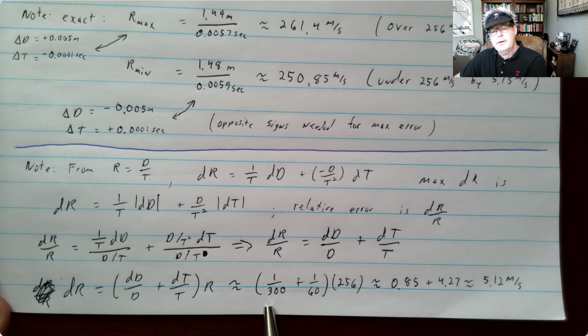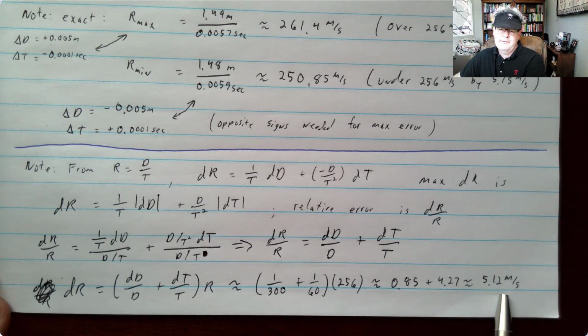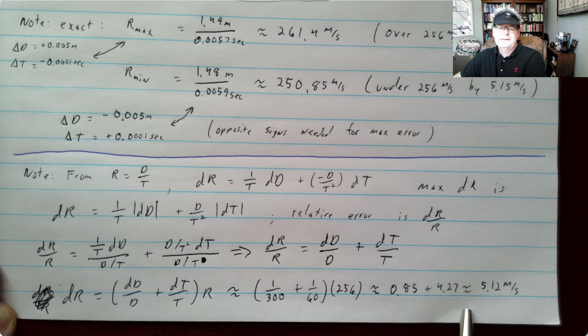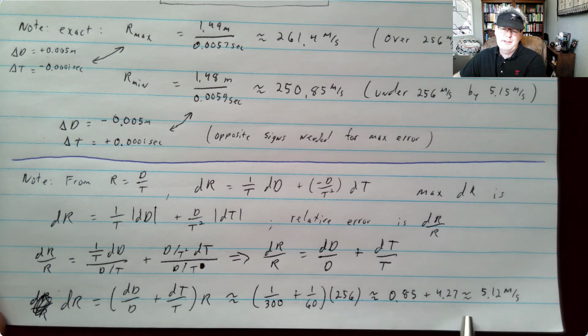But the 1 over 300 is much smaller. I mean, it's a fifth of that relative error. But when you're close to 5 or 4, it's 0.8, 0.85. It adds. So with this ballpark, you're still around a little over 5. So 256 plus or minus 5 meters per second.